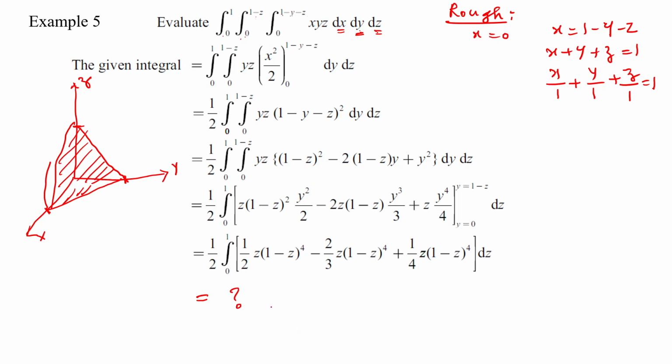What is the answer? Are you getting it? Okay. The final answer is 1 by 720. Please verify that this is the integral value. Okay. This is for your exercise.